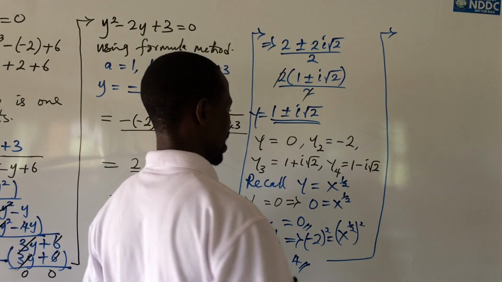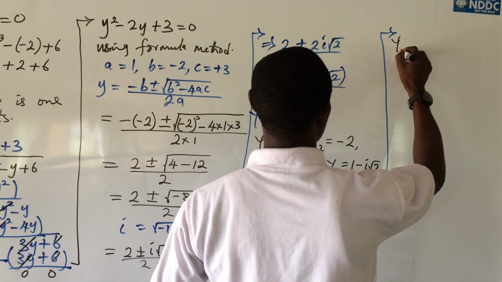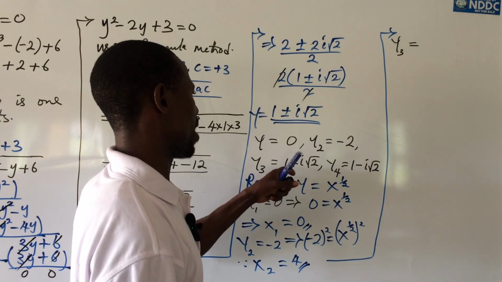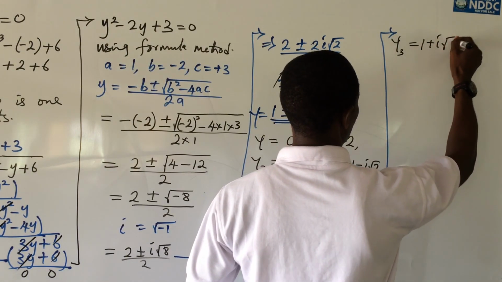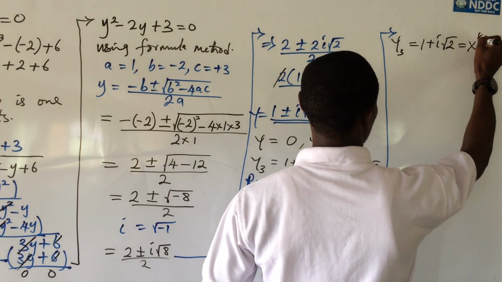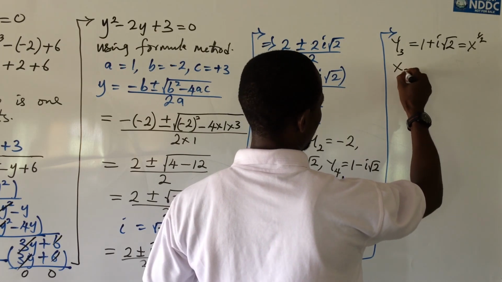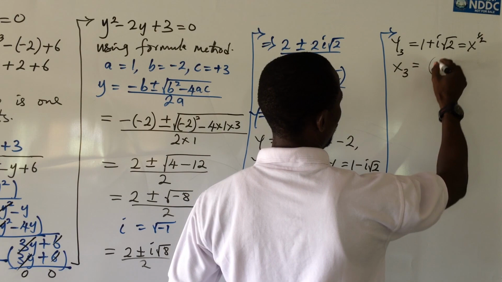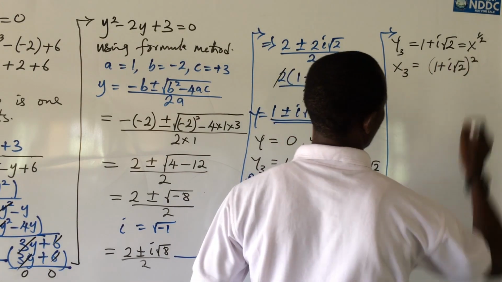From here, let's put y3 and y4 together. So we have here y3, which is 1 plus i root 2, equal to x to the power of 1 all over 2. If we square both sides, our x3 will give us bracket 1 plus i root 2 all squared.